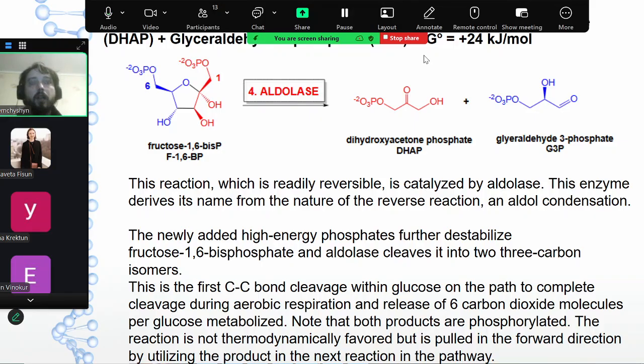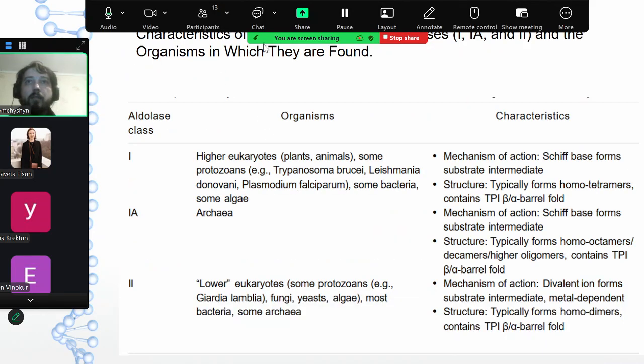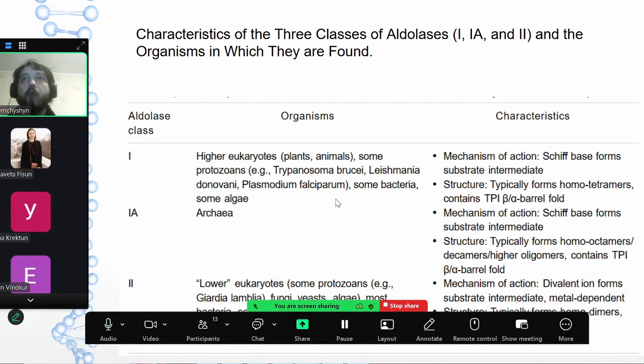If you take that into account, you will see that the reaction can proceed in this direction and give you the products, just because you are very quickly using up everything that is synthesized. And this is that cleavage step that we wanted, to create two molecules out of one.